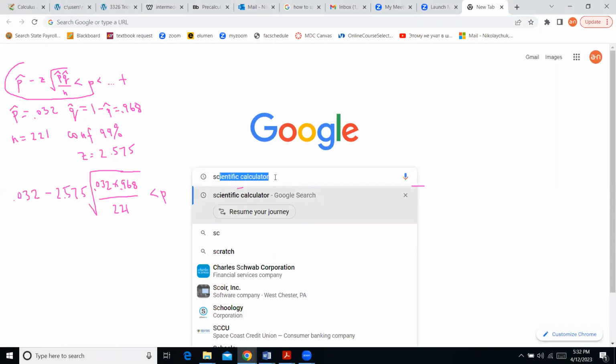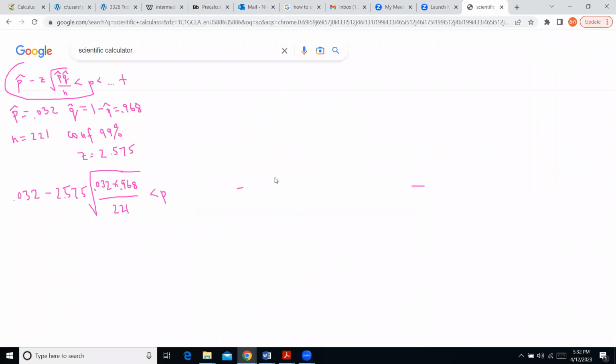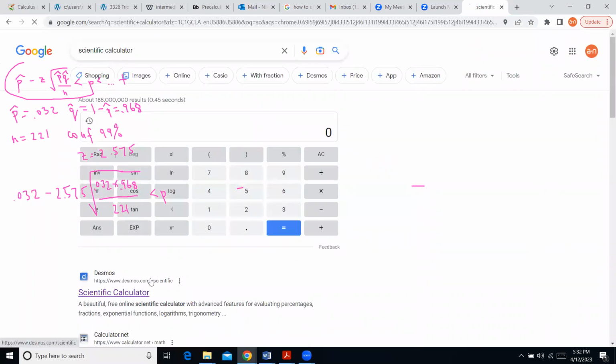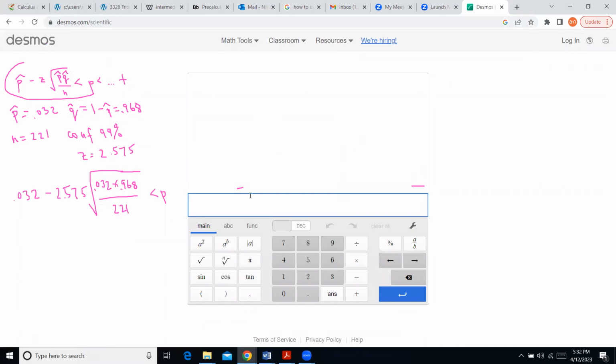So scientific calculator, the favorite. So we take this Desmos tool and get 0.032, subtract 2.575 multiplied by the square root extracted from 0.032.